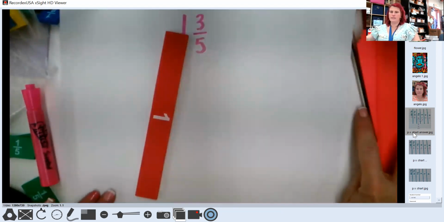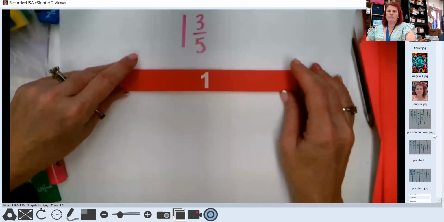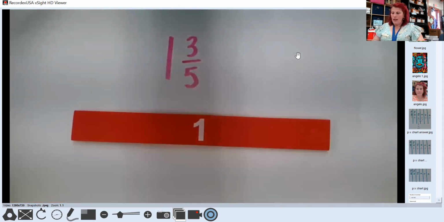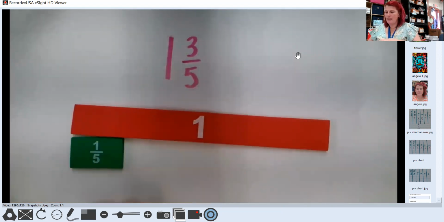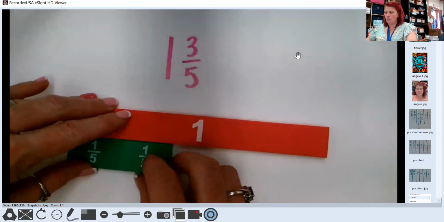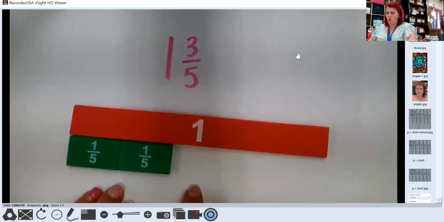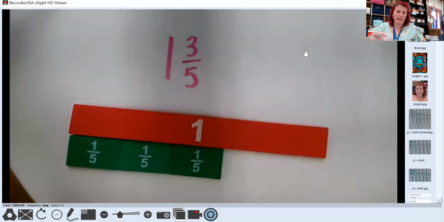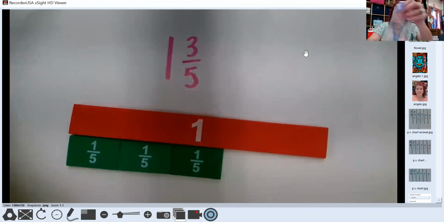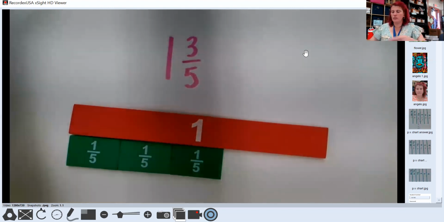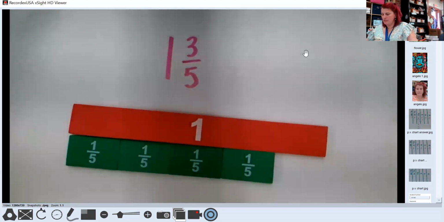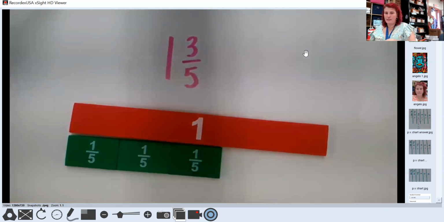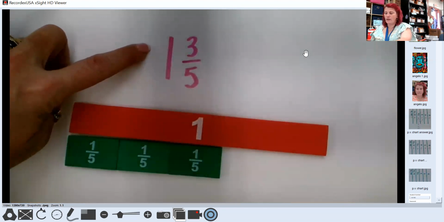Don't mind my mess on the side here, guys. So here I have one whole, and I need to build or replace that whole with a fraction whole. A fraction whole is just locating the denominator and being able to build that fraction using the same denominator. So here's 1 and 3/5, the way it is written here.